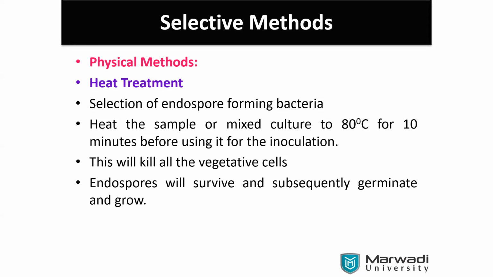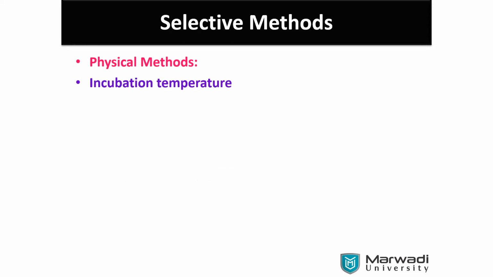All the vegetative cells that were growing are going to die, and the bacteria are compelled to maintain their sustainability. They convert into endospore formation. So the first method for selection is the physical method, heat treatment.